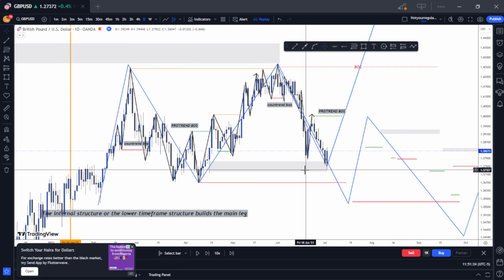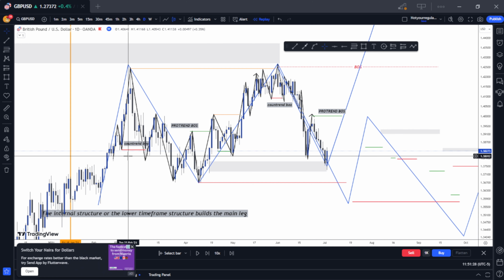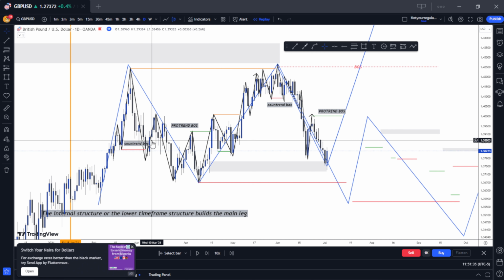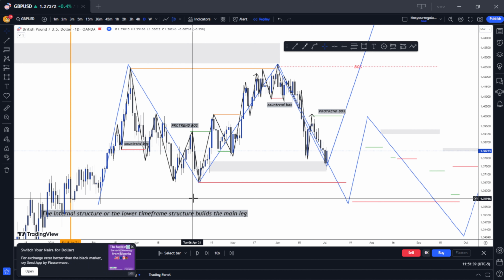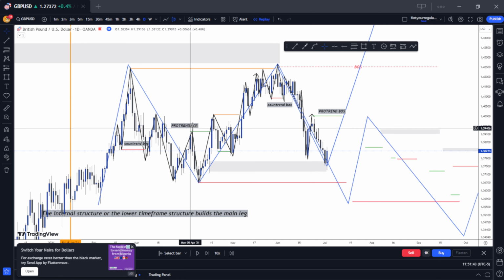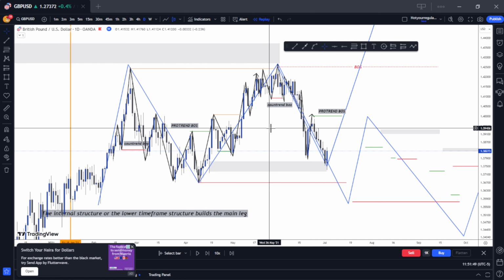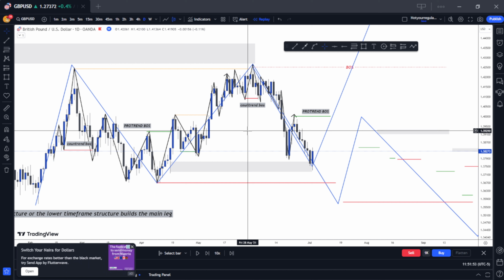Once again, a counter trend BOS on the lower time frame signifies a pullback on the higher time frame structure. That's this pullback. While a pro-trend BOS on that lower time frame, our internal structure, signifies a resumption of the higher time frame structure. Please note that. That's why I'm mentioning it over and over. You have to note that.